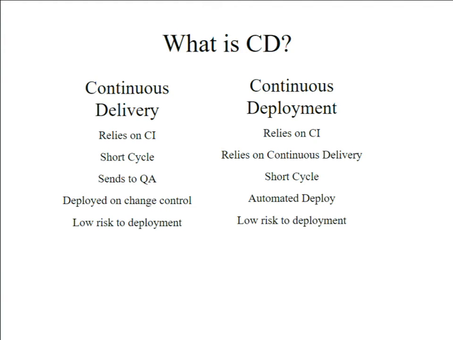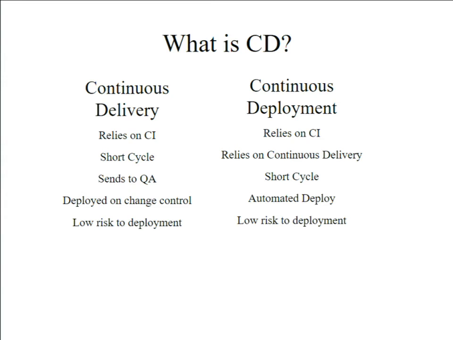They also rely on a short development cycle. It wouldn't really be continuous delivery if every change you're making takes 3 weeks. It's not a short cycle, and it's not continuous. With continuous delivery, every change gets built, it gets tested, and then it gets sent to quality assurance.